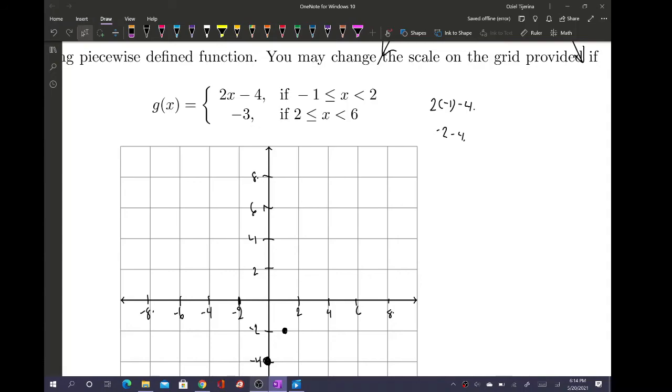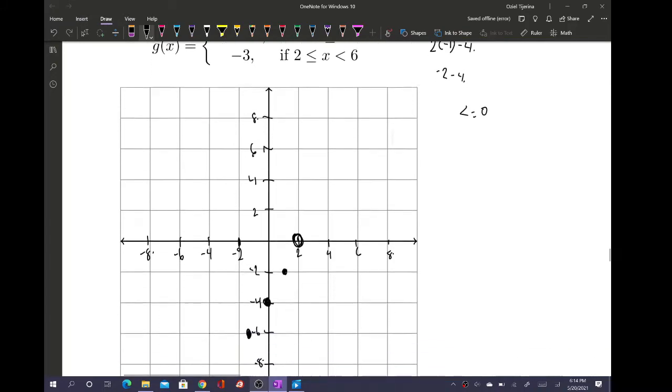Because it's not going to be defined. That's why there's a less than and not a less than or equal to. So when it's less than, that means there's going to be like an open circle. So we would say 2 times 2 minus 4, and it's going to look something like this, right?